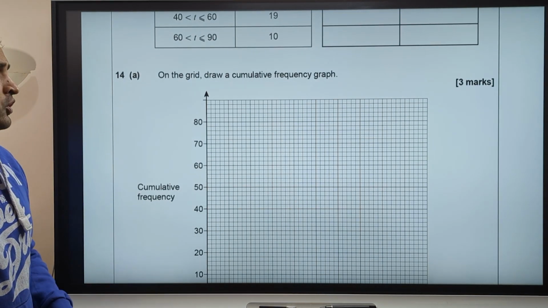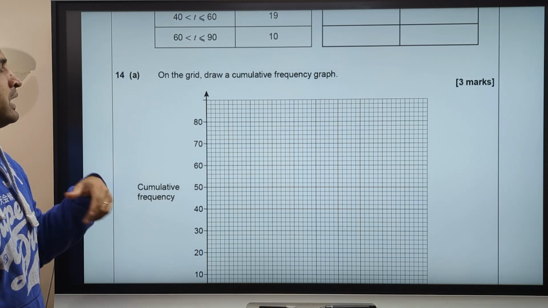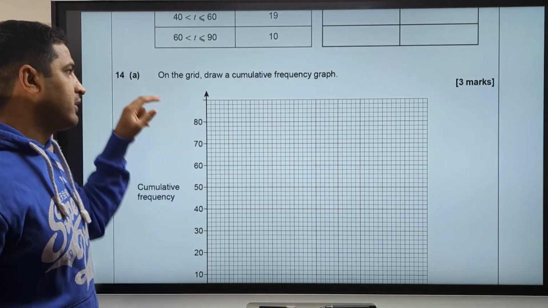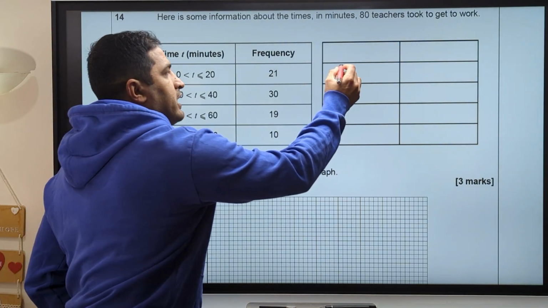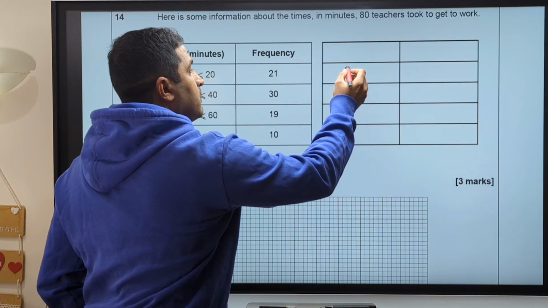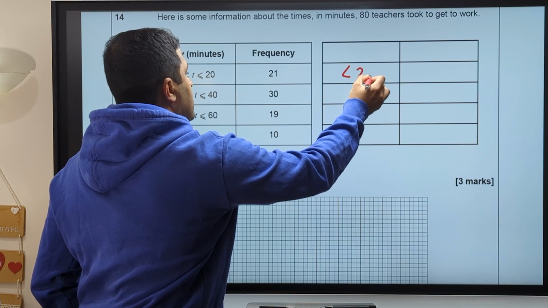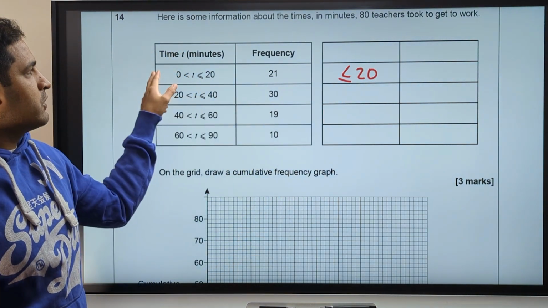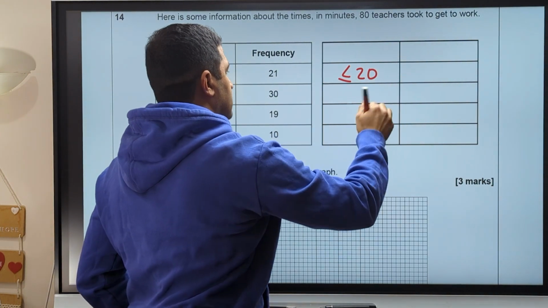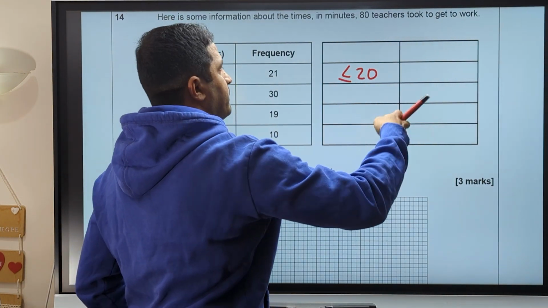On the grid, draw a cumulative frequency diagram. Cumulative frequency means when you accumulate. So how many people took less than 20 minutes? So these 21 people.